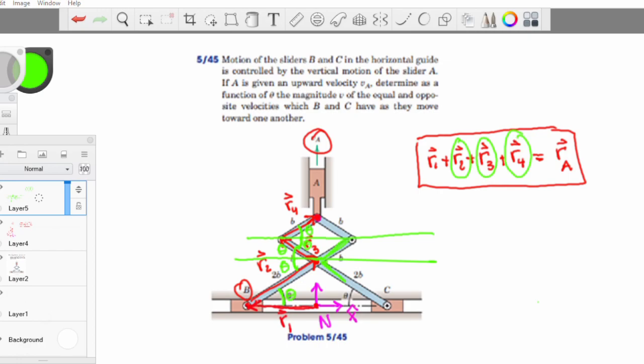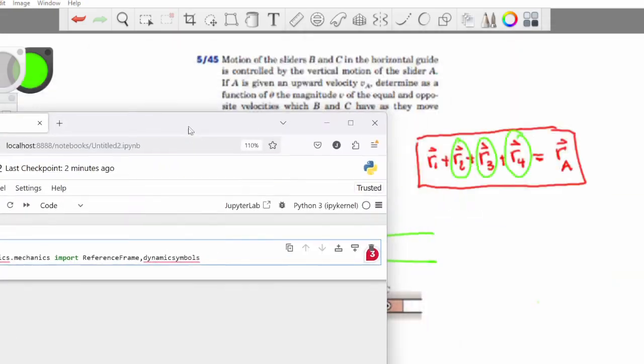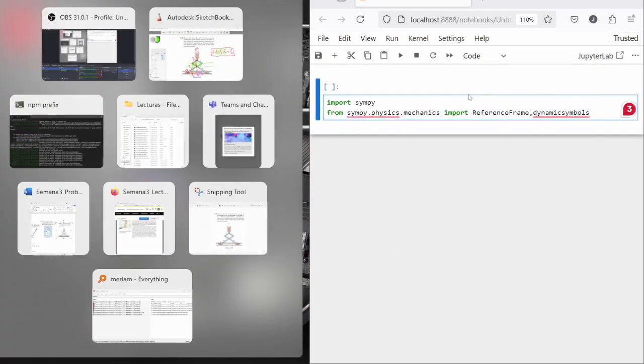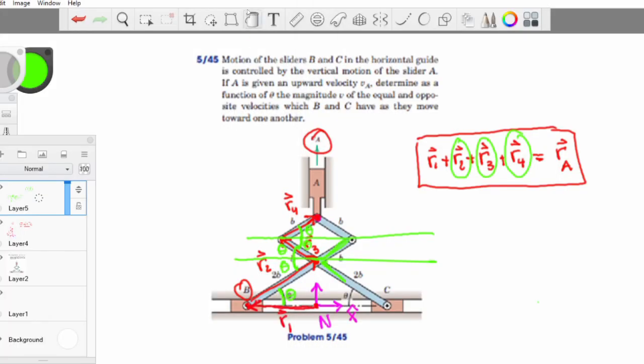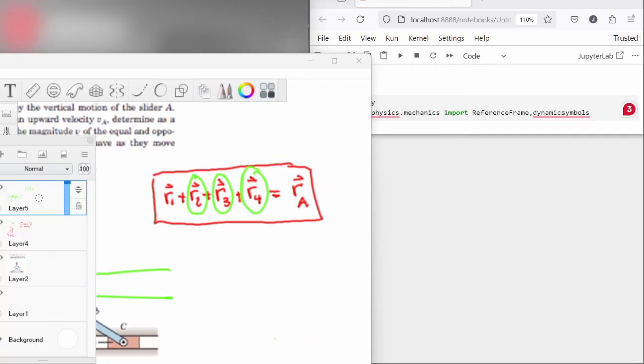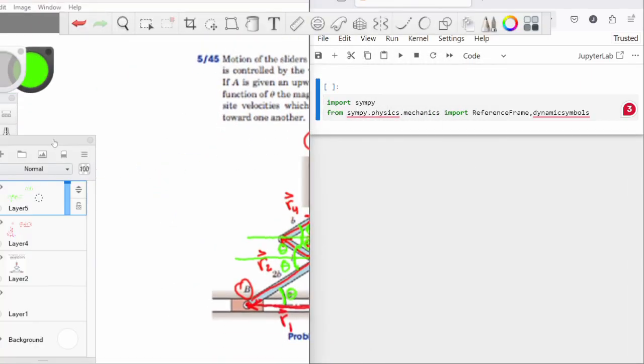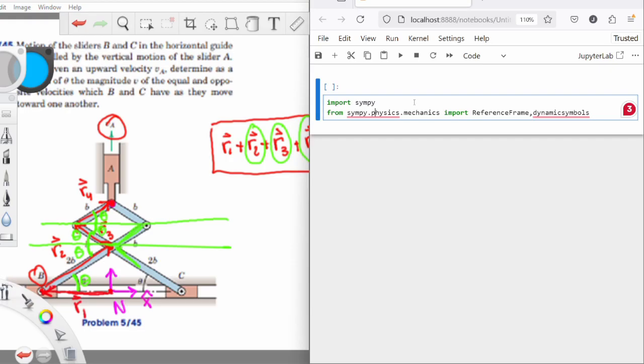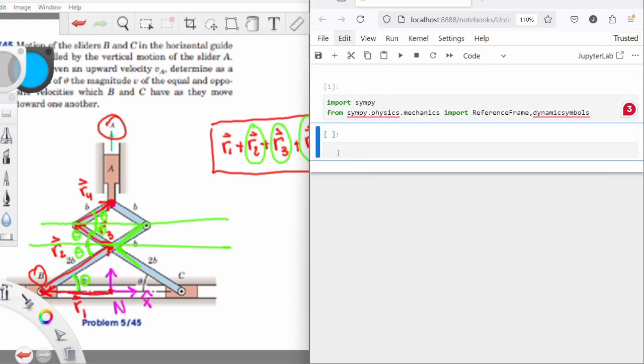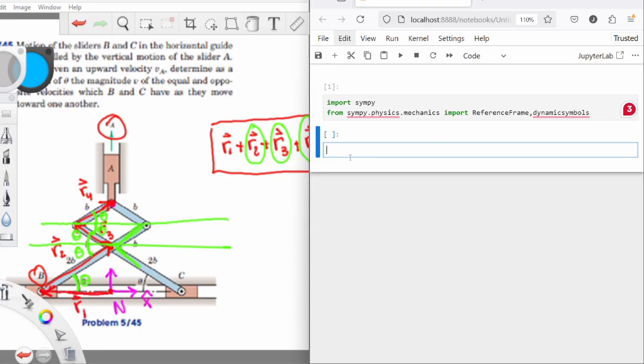Now let's do the description of this problem using Python. I will move the window here and have the drawing here so that we can see both. And I'll do my imports first. And now let's create the reference frames.